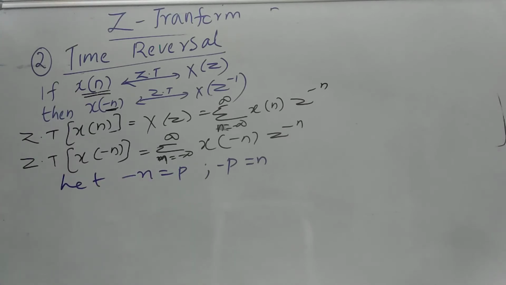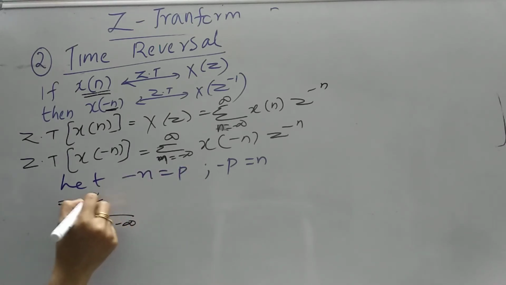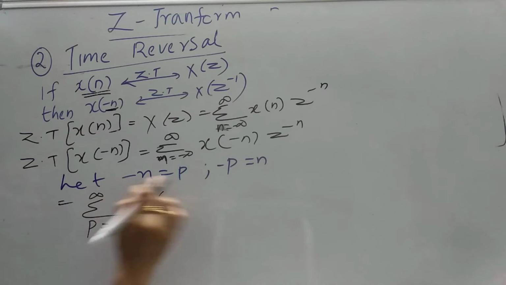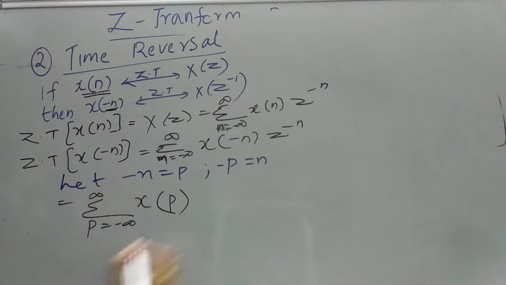So there is no change in the limit. So you can write it as sigma p equal to minus infinity to plus infinity, instead of minus n you put p, x of p z raised to p.